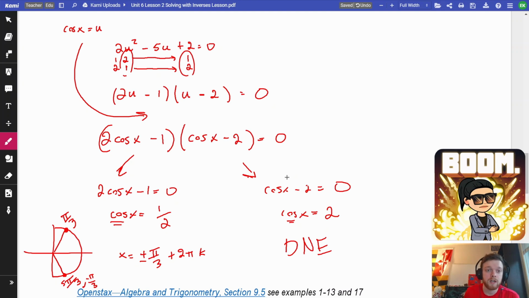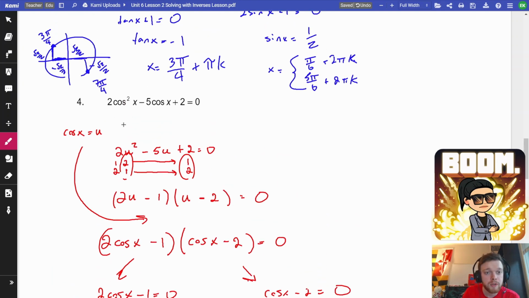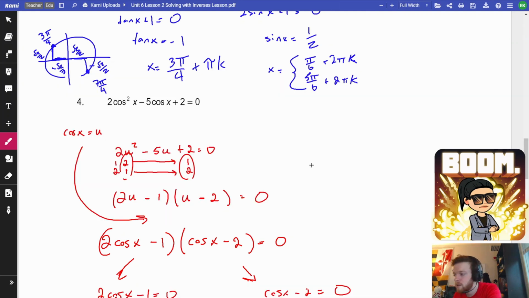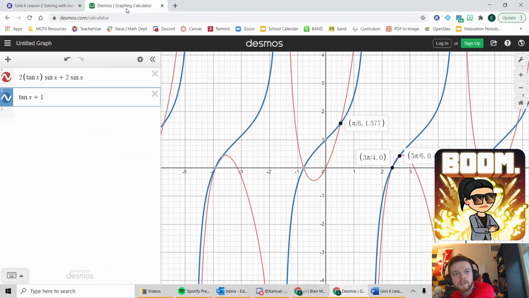All right, so when does 2 cosine squared x minus 5 cosine x plus 2 equal 0? Let's jump back over to Desmos.